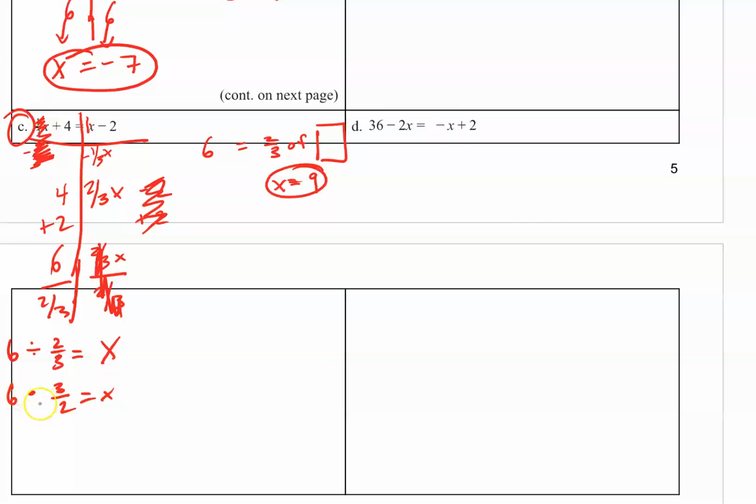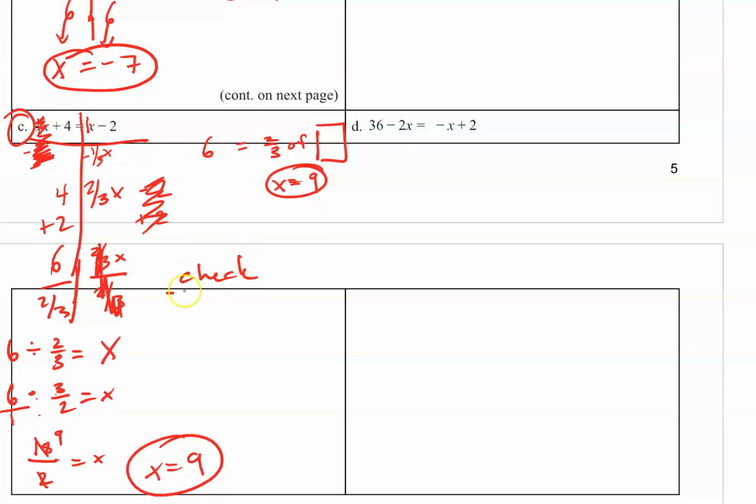So 6 times 3/2 equals x. This is kind of like method B. Alright, now, when you multiply a number times a fraction, you put the number over 1, and then you multiply straight across. 6 times 3 is 18 over 1 times 2, that's going to be 2. And 2 goes into 18 9 times. So you can see that either way, it actually worked out.